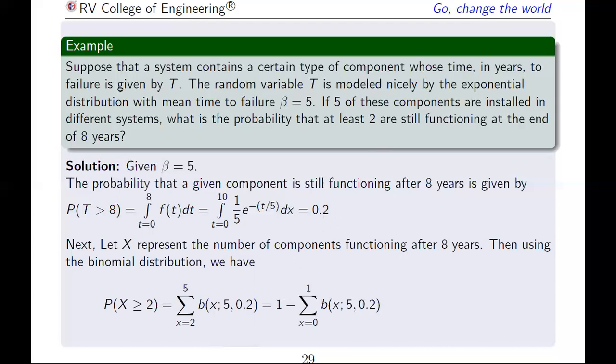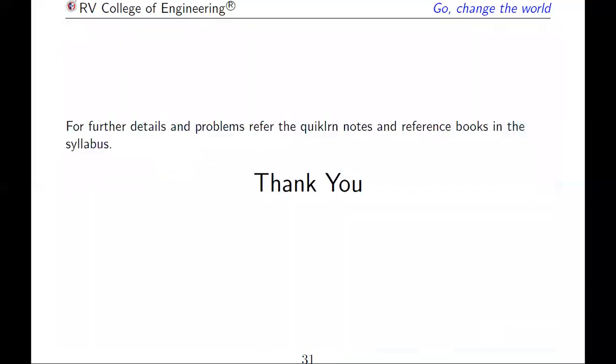The same can be easily evaluated by considering the other way: the total probability minus the binomial probability of x less than or equal to 1, which is obtained after expanding this summation and evaluating it as 0.2627. Thank you.